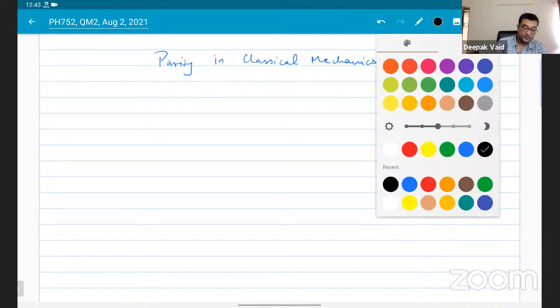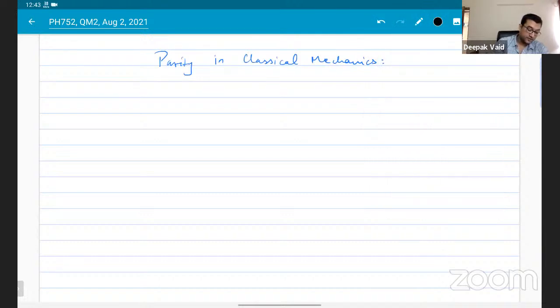Okay, let us consider something like the angular momentum of an object. So I have some object, it's spinning.